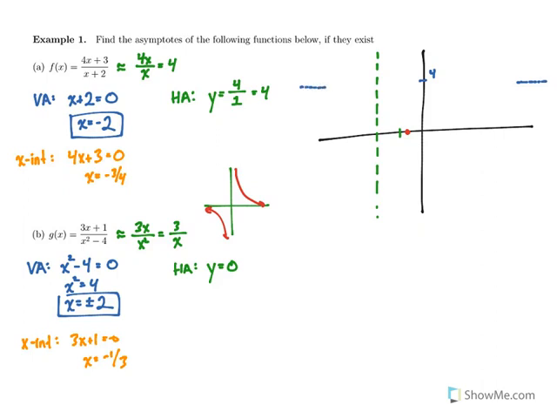So this tells us how this function is going to look, because it has to go through this x-intercept and approach the vertical asymptote. There's a little bit more work to show that it's also going to look like this. You can't have another x-intercept, so it has to stay above the x-axis, but there's a quick sketch of that function. We could do the same for part B, but it's going to cover the same kind of ideas.